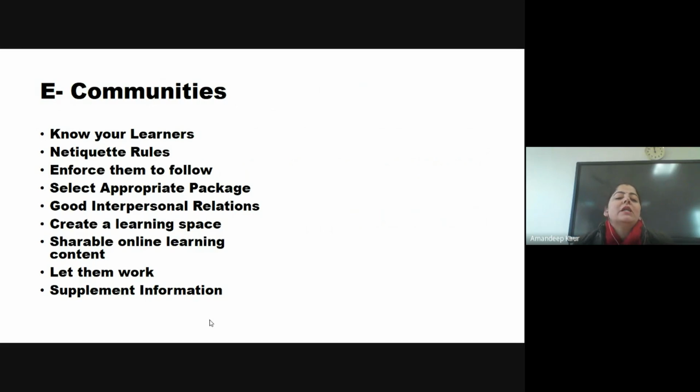Good interpersonal relationship plays an important role in this particular generation. So when I say good interpersonal relationship, we as teachers and the students of our class must be ready to help each other for development. Create a learning space for the students that fulfills their variety of needs.